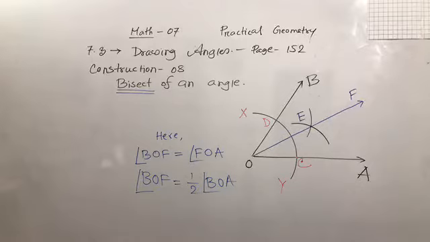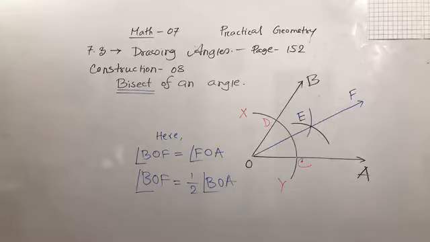Construction number 8 already done. Construction number 7 already done. 6 done. And now we will discuss supplementary angle, using the ruler draw a line segment, draw an equilateral triangle, perpendicular bisector of a line segment.